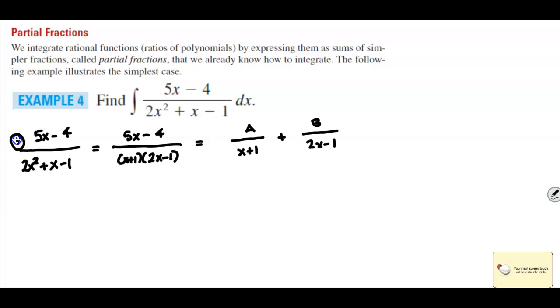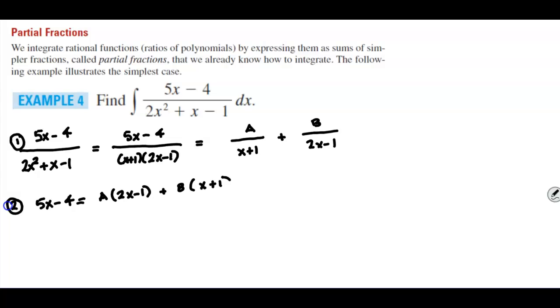Okay, so what does that ultimately give us? Well, what we know is the following. We know that we have 5x minus 4, which is going to equal A times 2x minus 1 plus B times x plus 1.